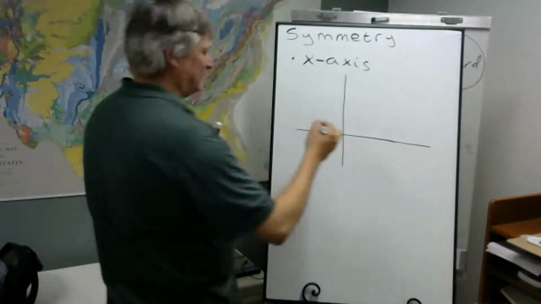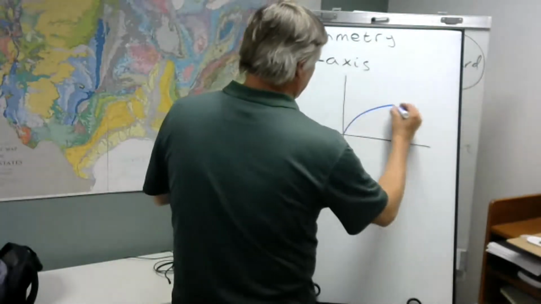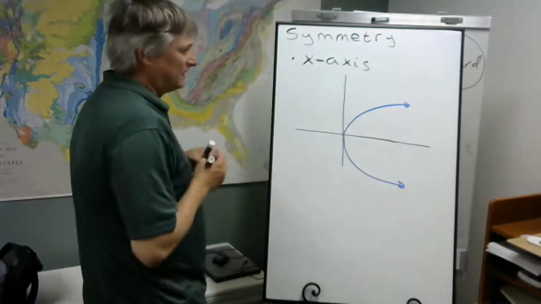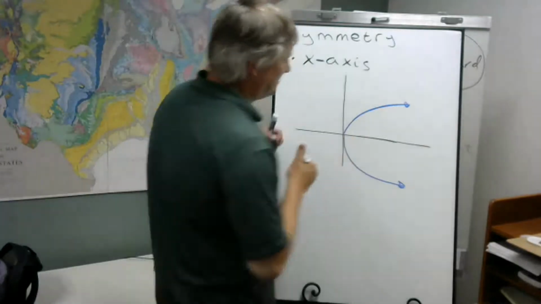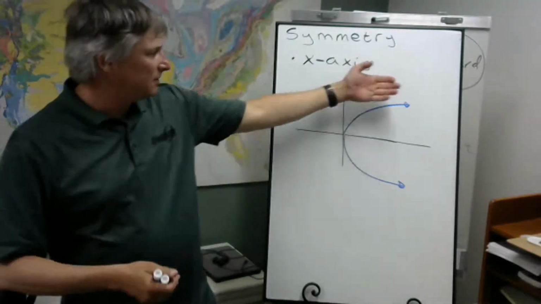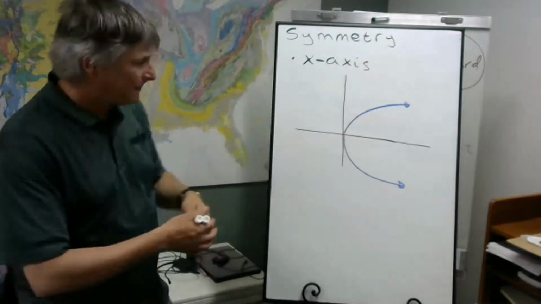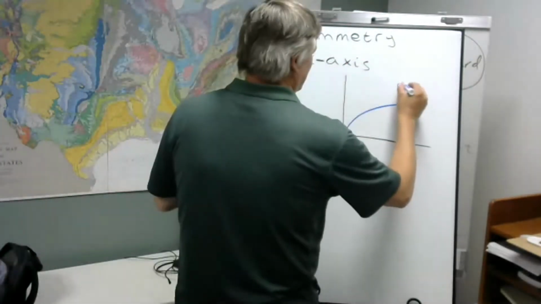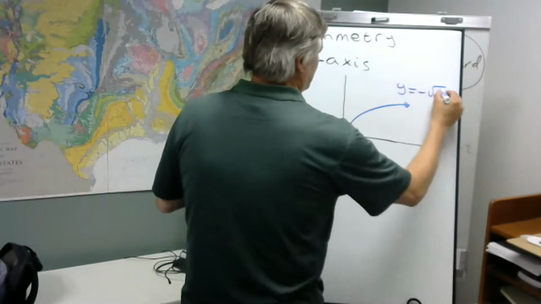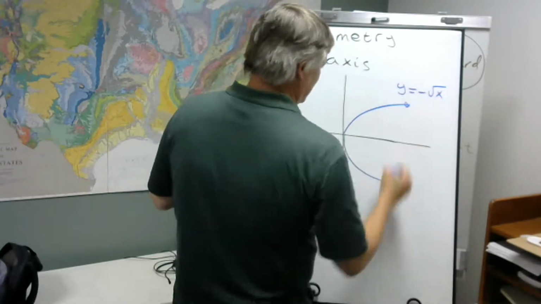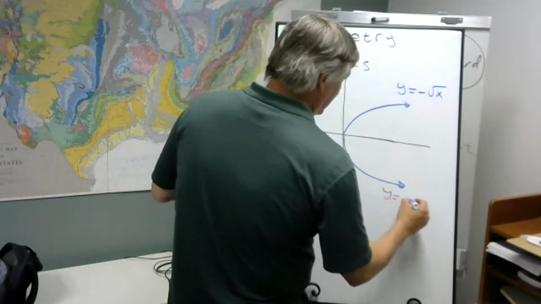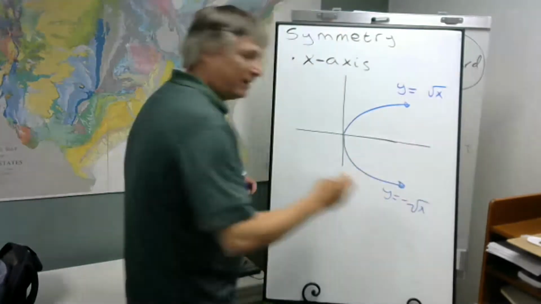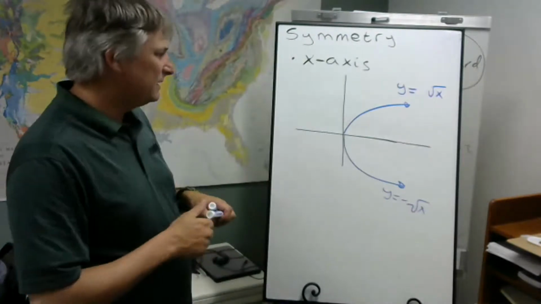What this says is this: it's a mirror reflection of itself over the x-axis. For this example, you could say we have y equals negative square root of x, and this would be y equals positive square root of x. And that would be negative square root of x.